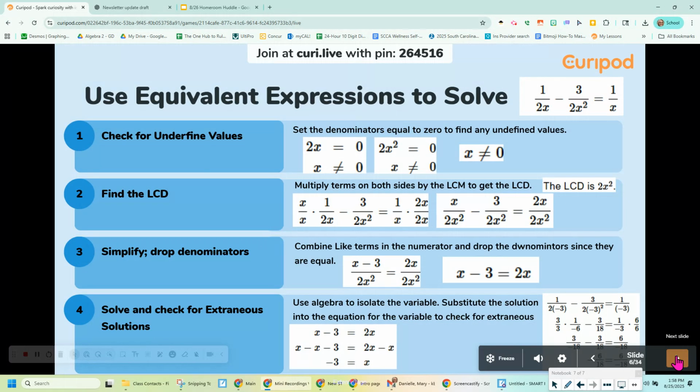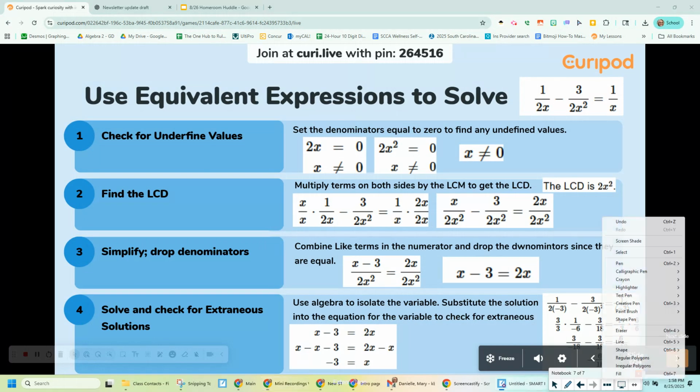So we need to figure out what numbers would make our denominators 0. So setting each of the denominators, 2x equals 0, 2x squared equals 0, and x equal to 0, we would actually want to find which ones do not equal 0. So if we solve for x in each of these expressions, let's see here.